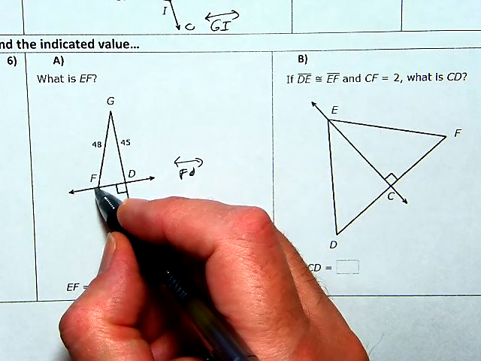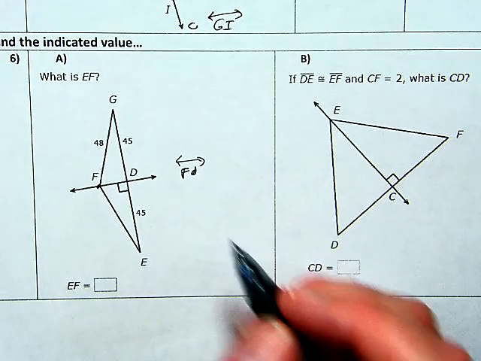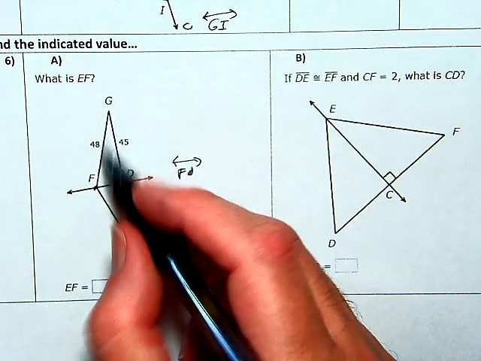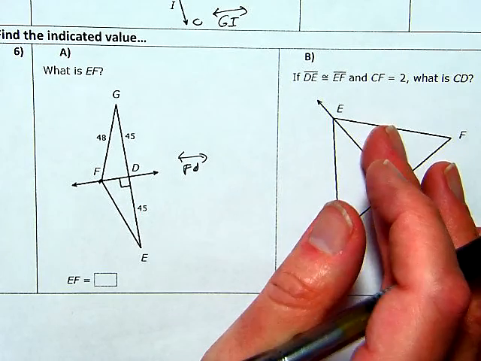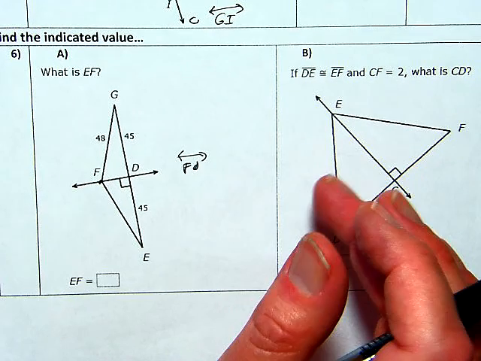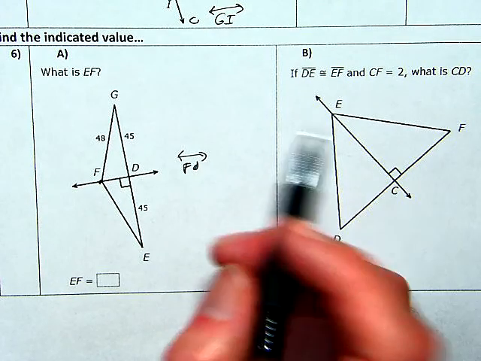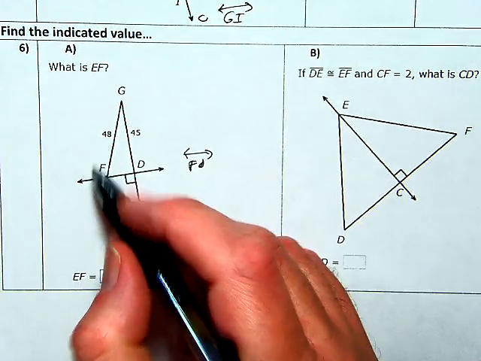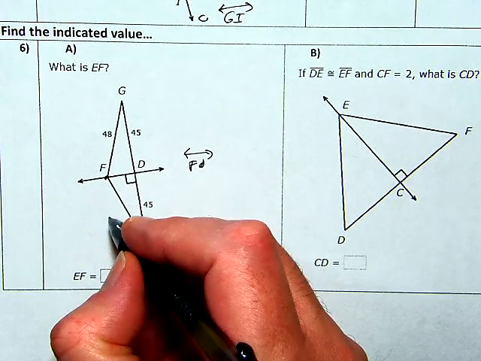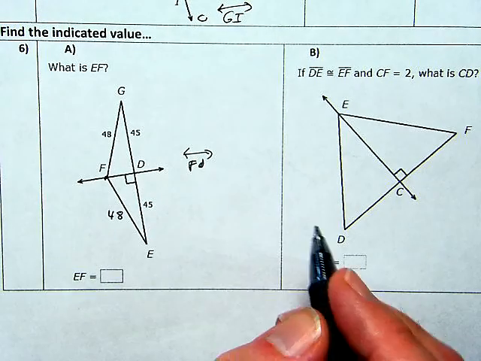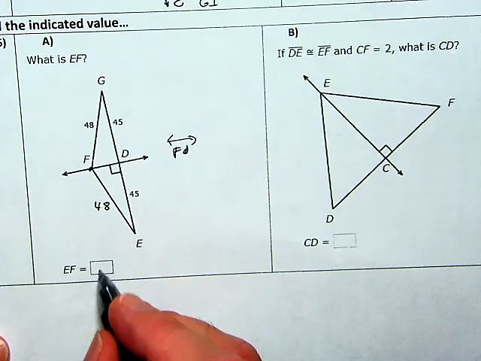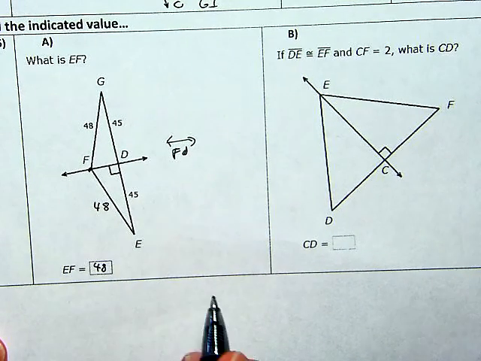So that means that any point along line FD, including F, is equidistant from the endpoints of the segment that it is the perpendicular bisector for. So F is equidistant from G and E, which means that if FG is 48, then FE also has to be 48. So FE or EF is equal to 48.